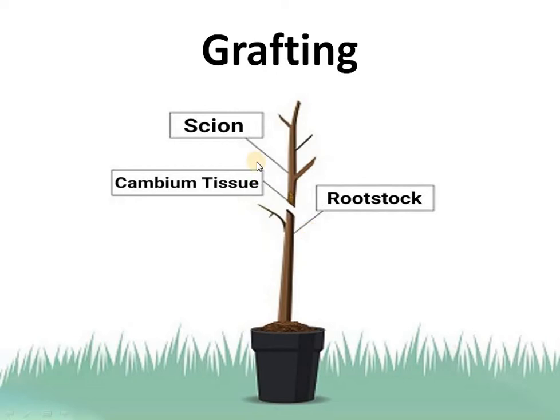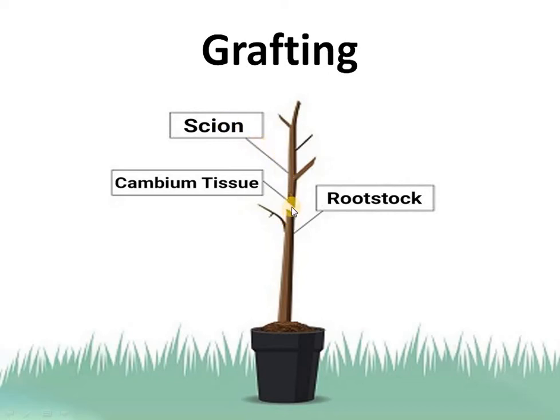This is grafting. As the name suggests, it's a process of grafting, where you take a rootstock and this stock is then grafted by a scion. A scion is a plant part which you need to propagate, which you need to reproduce.